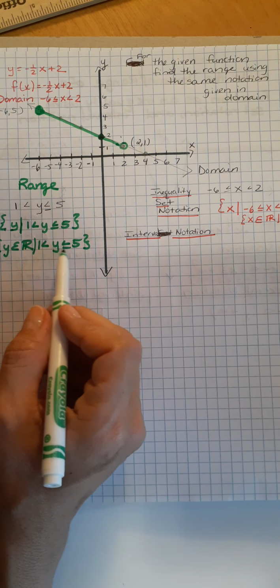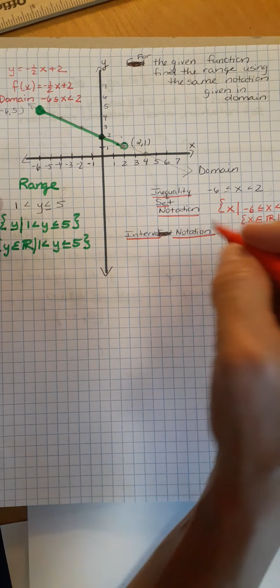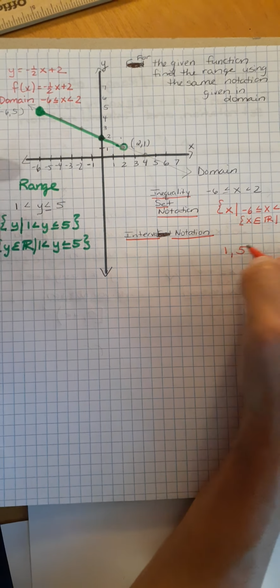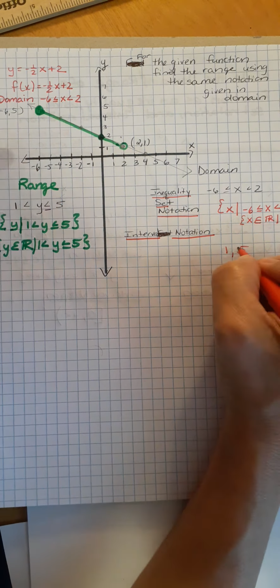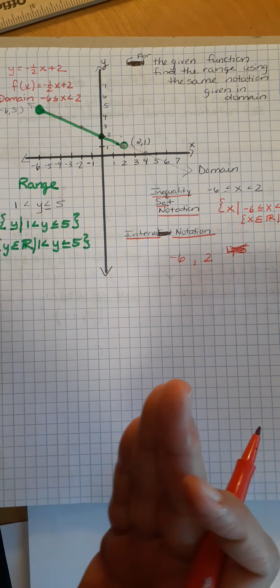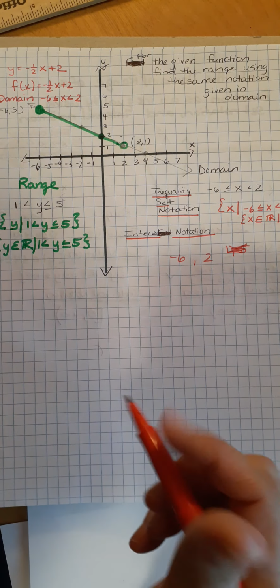Done. Now, interval notation. Okay, interval makes it look almost like one of these points, but it's not. So the interval notation, we take the 1, we take the 5. Those are, oops, I'm sorry, I'm in the wrong one. I mean this one. Okay, we take the -6. This is if they had asked us for interval notation. I'm doing extra just so you have the example. Okay.